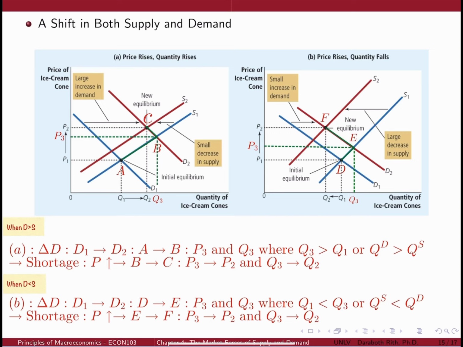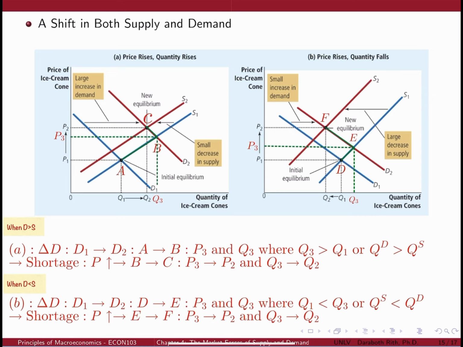Suppose that the change of demand is greater than that of supply, then if there is a positive or upward shift in demand, the demand curve D1 shifts rightward to D2. The equilibrium changes from point A to point B, and it creates a temporary stop at P3 and Q3, where Q3 is greater than Q1 and P3 is greater than P1.